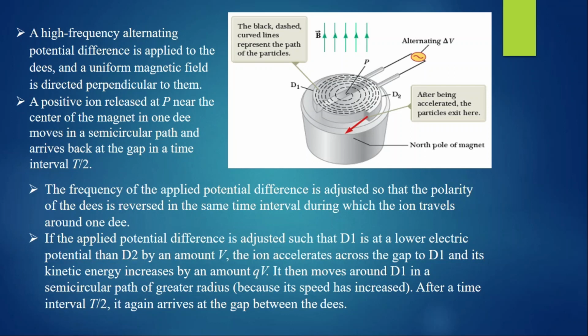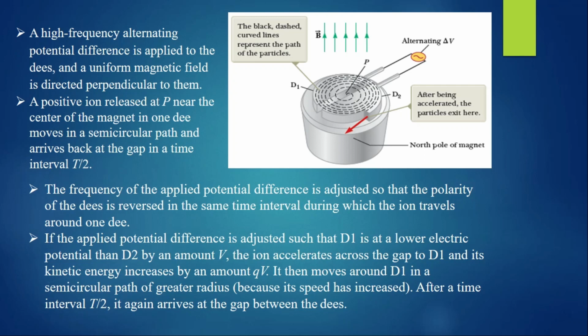The frequency of the applied potential difference is adjusted so that the polarity of the Ds is reversed in the same time interval during which the ion travels around D1. If the applied potential difference is adjusted such that D1 is at lower electric potential than D2 by an amount V, the ion accelerates across the gap to D1 and its kinetic energy increases by an amount qV.